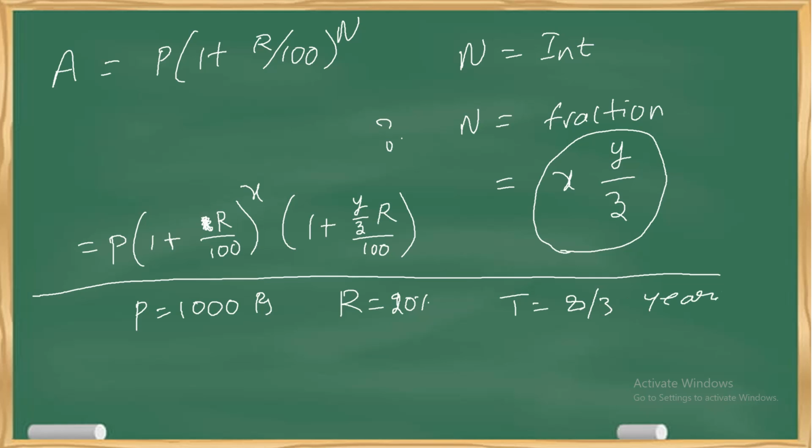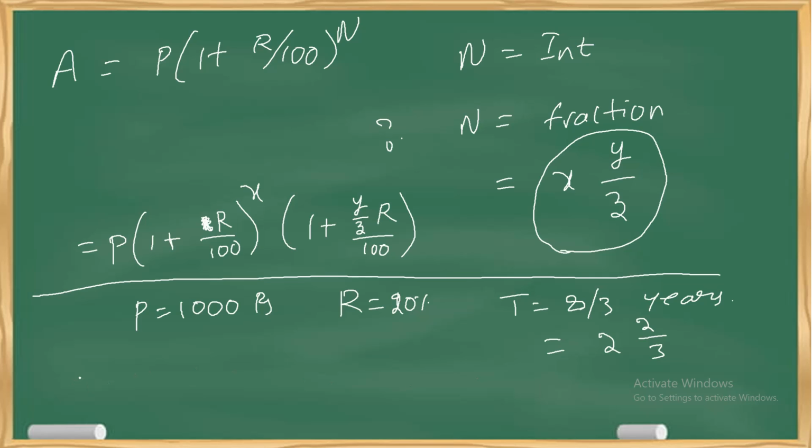Assume they have given it like this in the question. Now the first thing you are supposed to do is convert 8 by 3 into what? A mixed fraction. I told you, right? You need to convert this into a mixed fraction. Mixed fraction means it becomes 2 and 2 by 3.